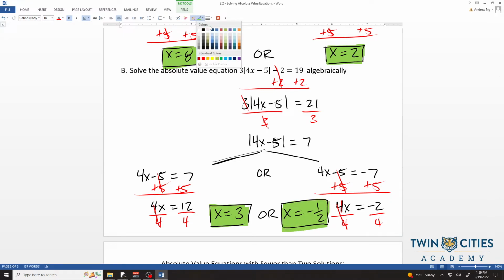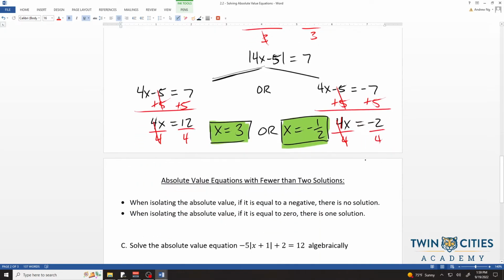So let's do a couple more problems. Only this time, what I've observed is we've gotten 2 possible solutions every single time. The first time we did this graphically, the second time we did this algebraically, same with the third time, but in all 3 we got 2 possible solutions.